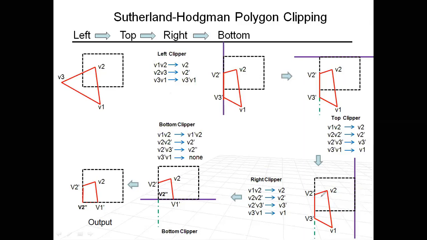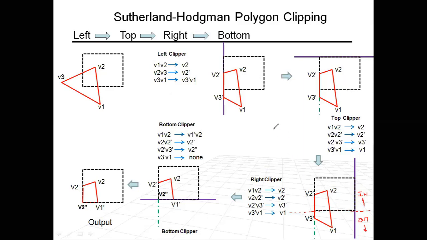Now apply. So we are applying the bottom clipper. This is out, this is in. ये in है, ये out है. Okay. Now V1 is out, V2 is in.